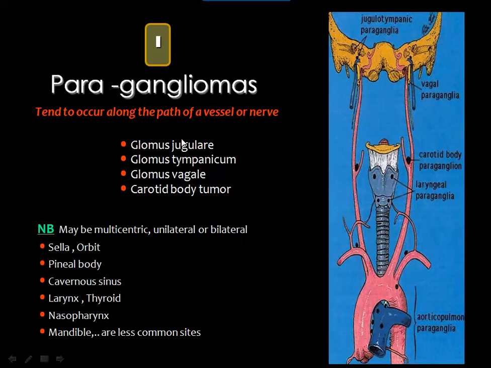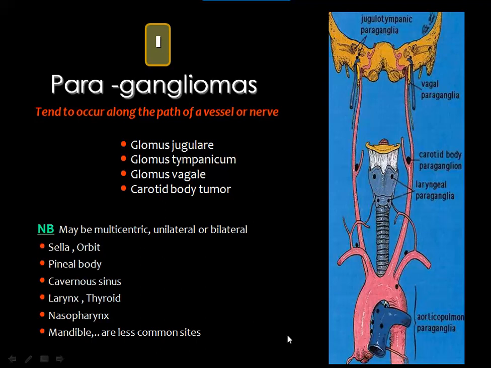These are the 4 common chemodectomas in the neck, but there are many sites that are uncommon, like the sella, the orbit, the pineal body, the cavernous sinus, the larynx, the thyroid, the nasopharynx, the mandible, and also the mediastinum.